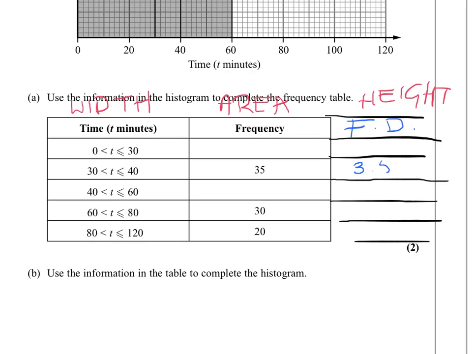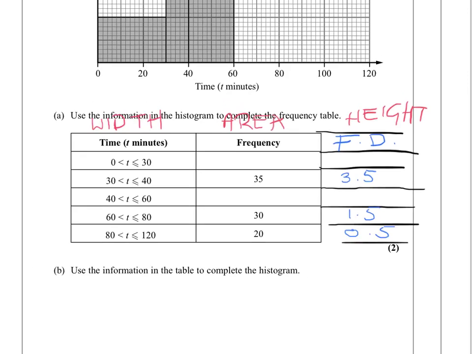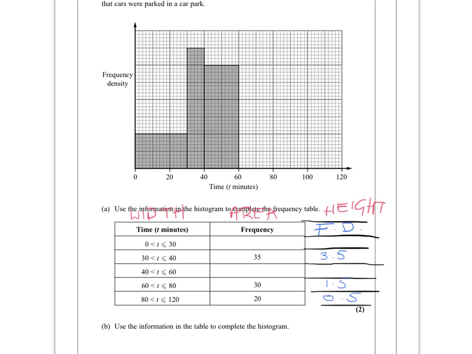So we can write that in. Then 30 divided by 20 is going to be 1.5. And then finally 20 divided by 40 is going to be 0.5.